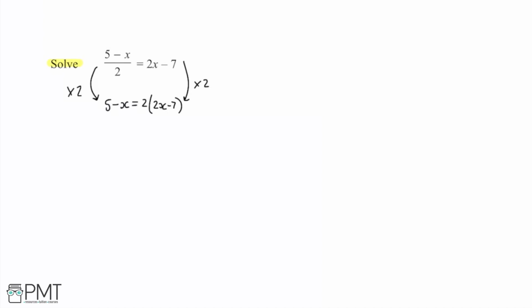And I can then expand my brackets on the right hand side, by multiplying the 2 by the 2x and the 2 by the minus 7. So 2 multiplied by 2x gives me 4x, and 2 multiplied by minus 7 is minus 14. Now this looks a lot easier and more friendly to work with in order to solve for x.